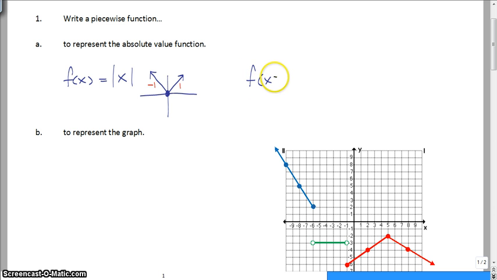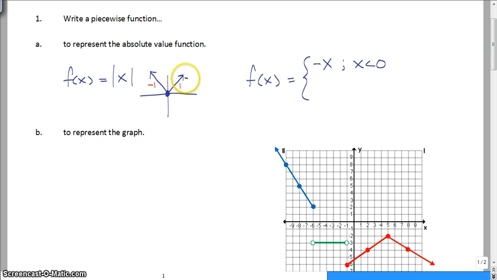So the absolute value function can be written as a piecewise function, and it's going to look something like this. We have two parts to the graph. The part to the left has a negative slope, so we have -x as our equation, and that's only true when x is less than or equal to 0, or less than 0 for now. I'm just going to write less than for a second.